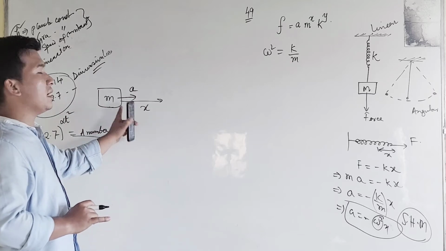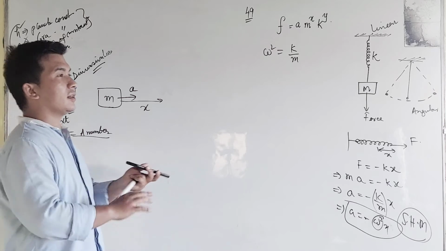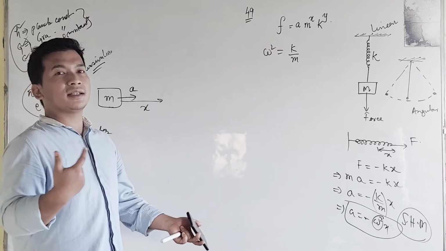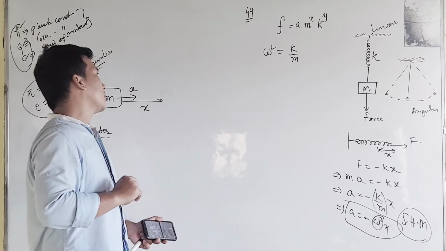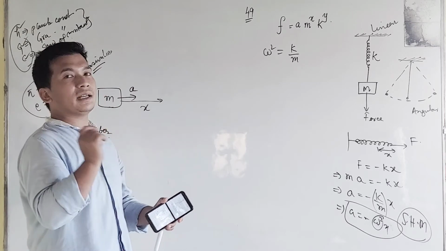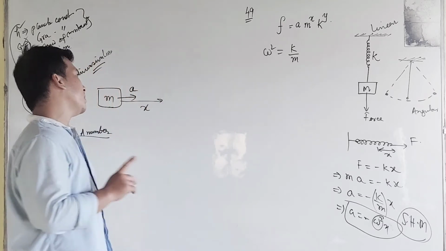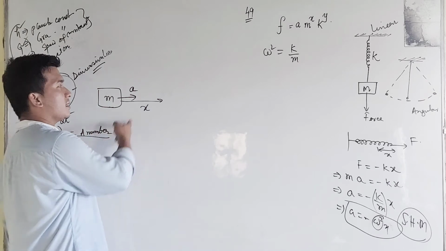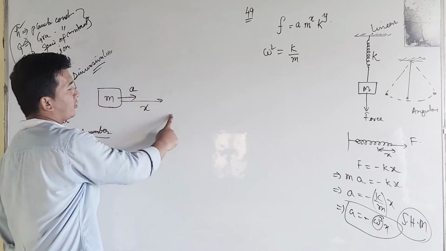This is the rotatory, translatory motion. When you kick the accelerator, the car moves in the forward direction. That means we can say that in our general case acceleration is along the direction of the displacement.